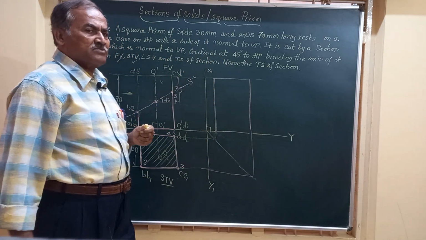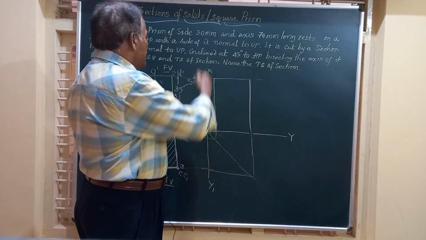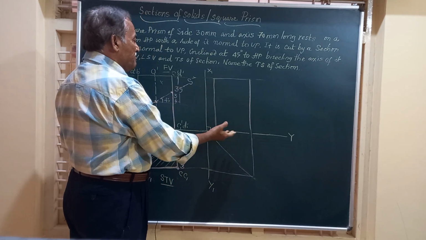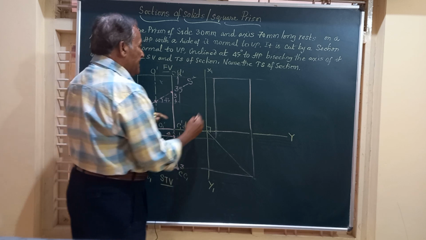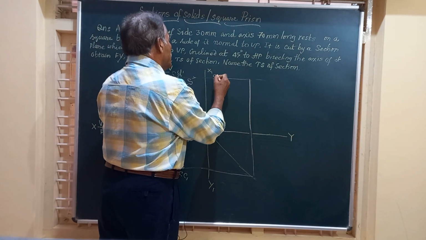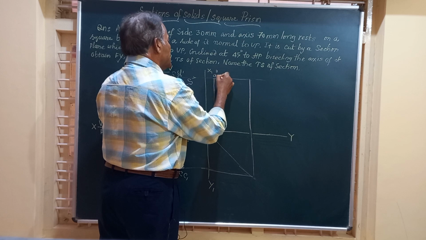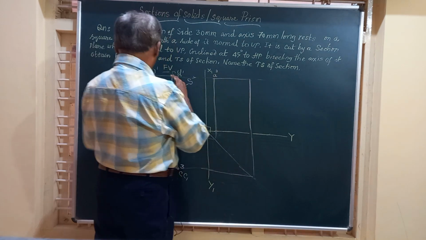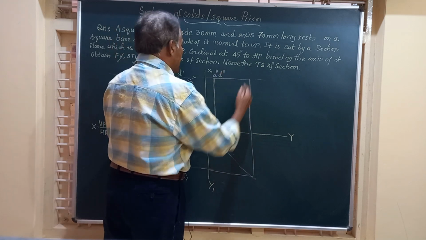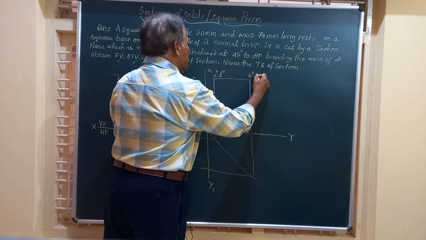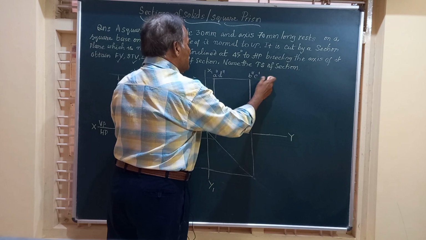Friends, let us mark the vertical edges and the base and top edges. So friends, here on this line you have got A and D. So this is going to be A double dash, and D double dash. Here you are going to get B double dash, C double dash in the end view.